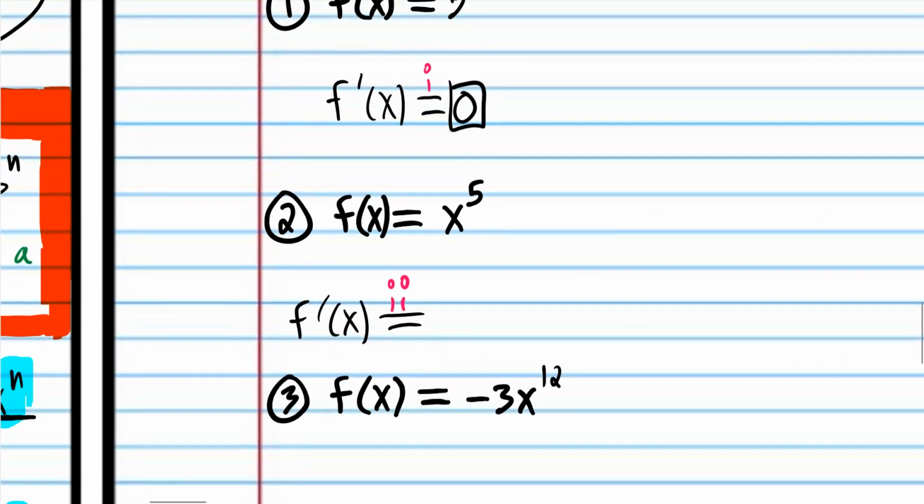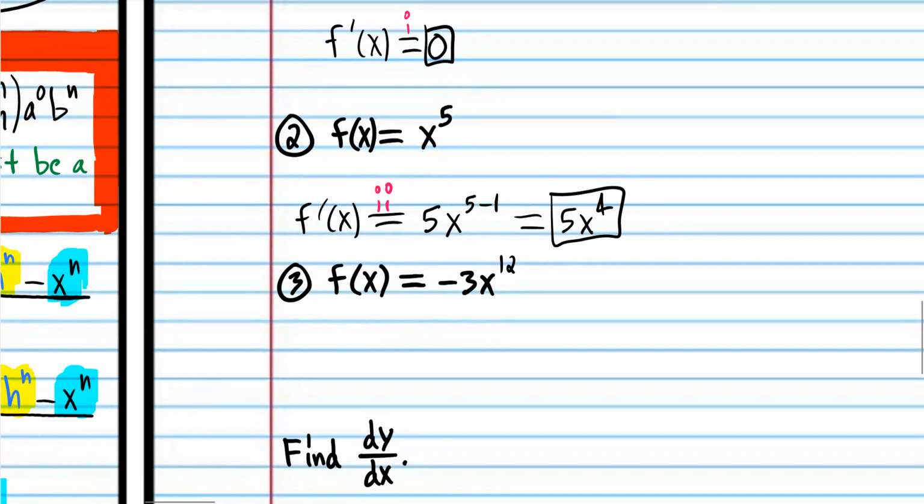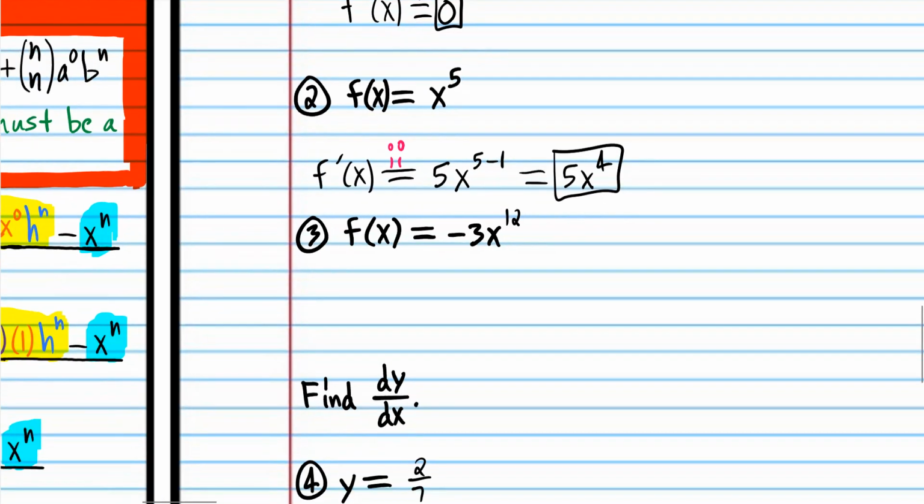That formula tells us that we bring the exponent down, and then we subtract 1 from the exponent. So the new exponent is 1 less. So that is the derivative. As you can see, this is a lot easier than using that formula in the previous class.